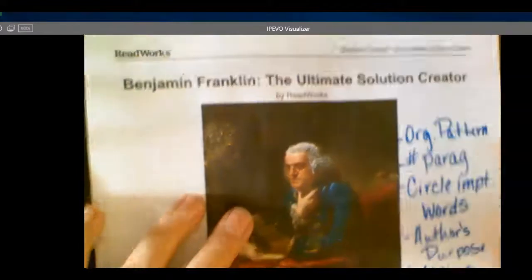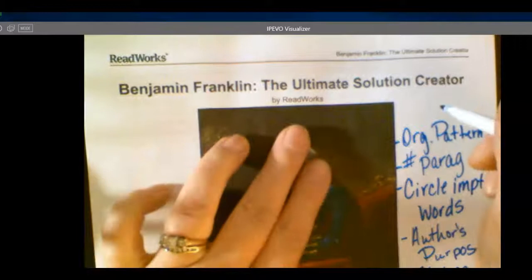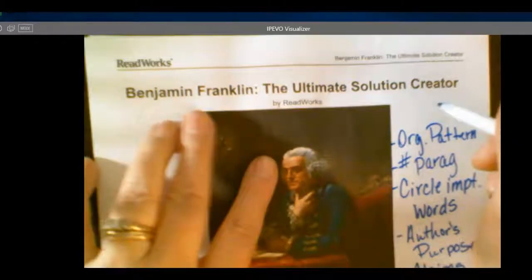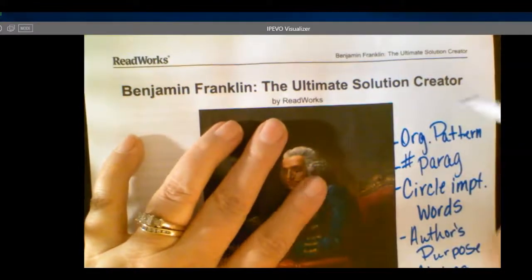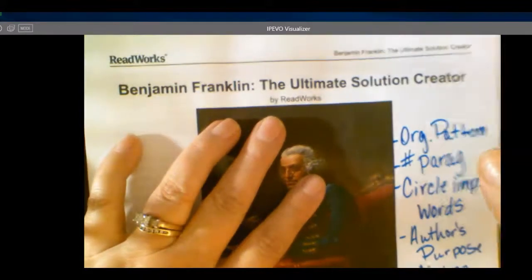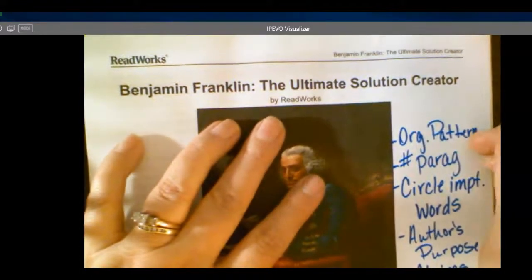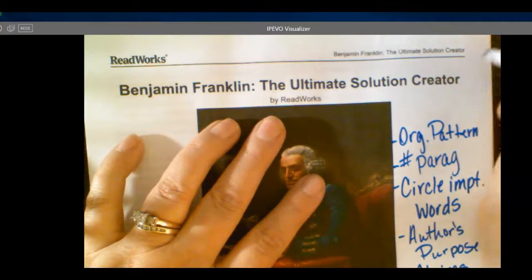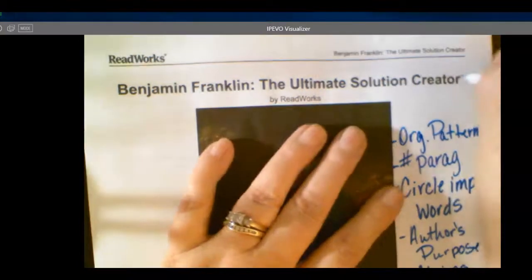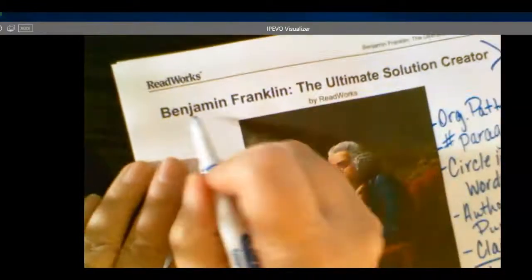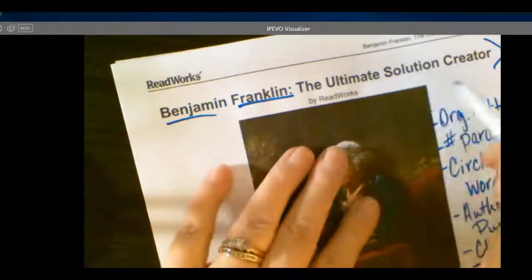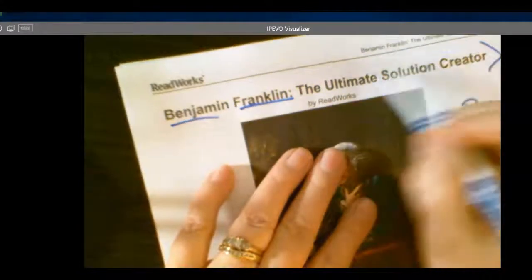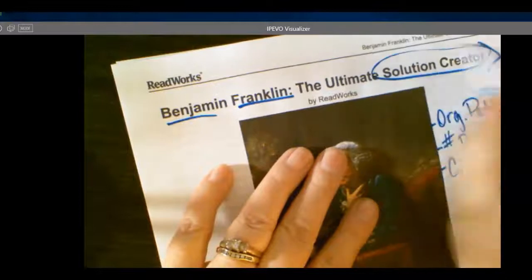Those are the types of things that we're going to look for in an informational text. This informational text that I got from ReadWorks is Benjamin Franklin, the Ultimate Solution Creator. Ooh, what a catchy title. I must read this document. From the title, we do know that it is Benjamin Franklin that we're talking about, and that he is the creator of solutions.